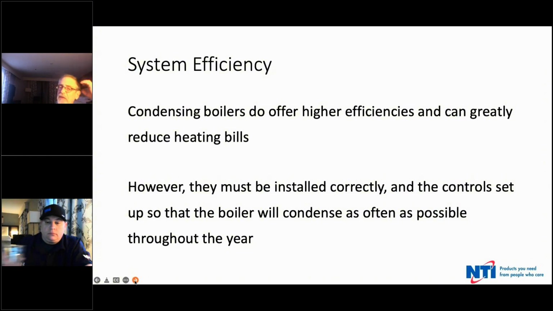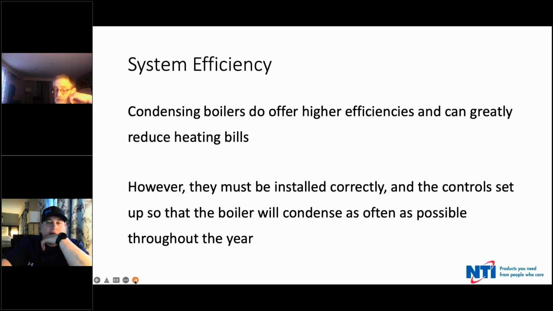Condensing boilers do offer higher efficiency, and they can definitely reduce heating bills over a conventional boiler. But, and this is the caveat, they have to be installed correctly, and the controls have to be set up so the boiler will condense as often as possible throughout the year.